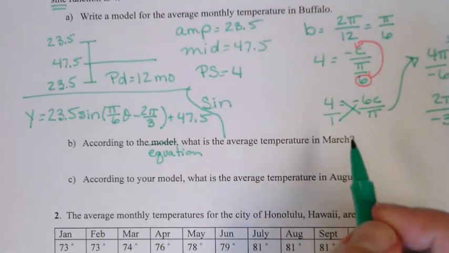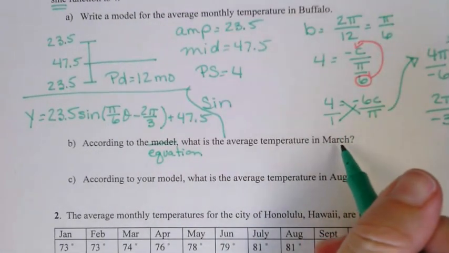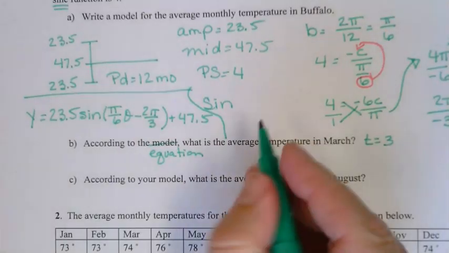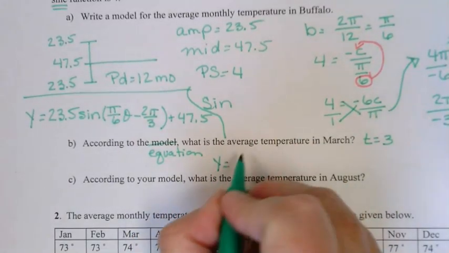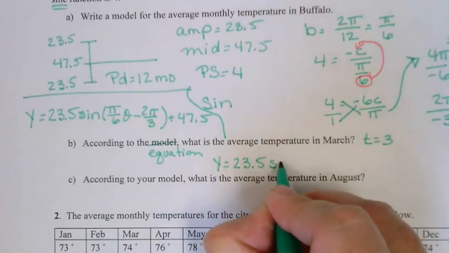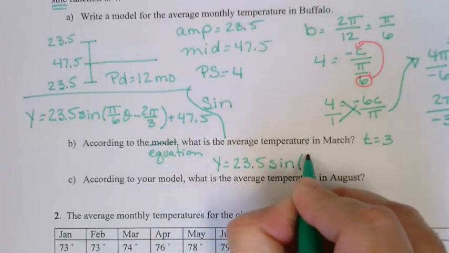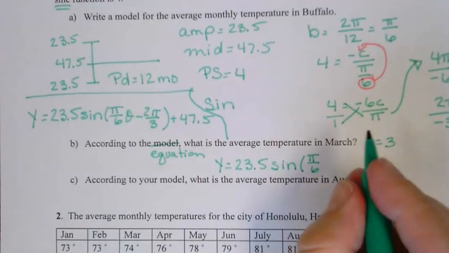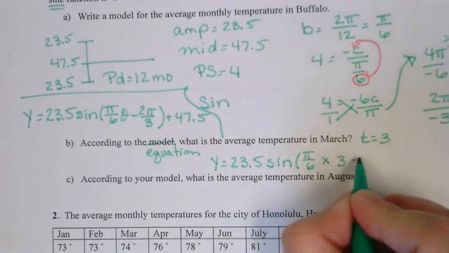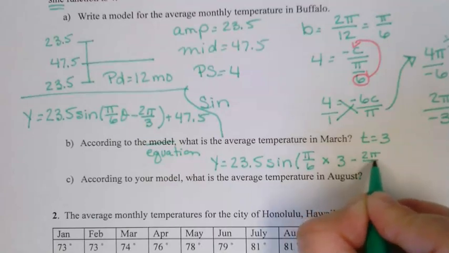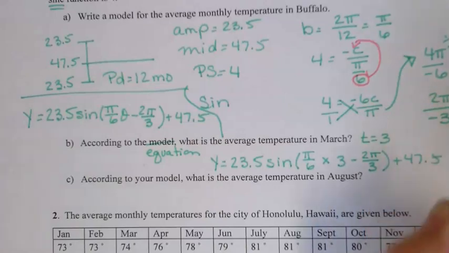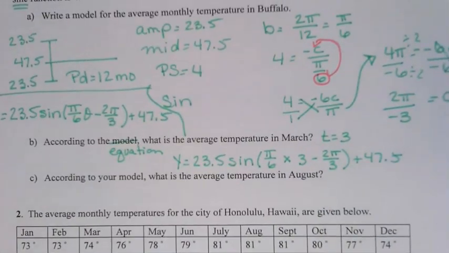So we want to know what the average temperature in March is. So March is going to be the 3rd month. So here t equals 3. So y equals 23.5 sine pi over 6 times 3 minus 2 pi over 3, plus 47.5. Okay.